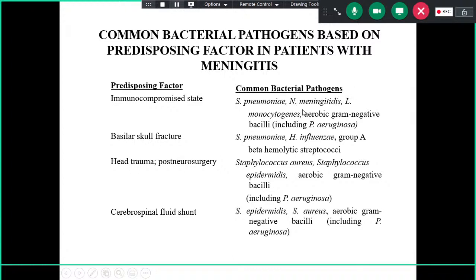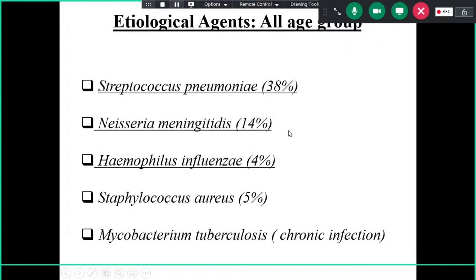Listeria monocytogenes is another bacterium. Haemophilus influenzae affects mostly children, and group B streptococci are mostly found in the birth canal of pregnant women. So these are common organisms associated with acute bacterial meningitis.